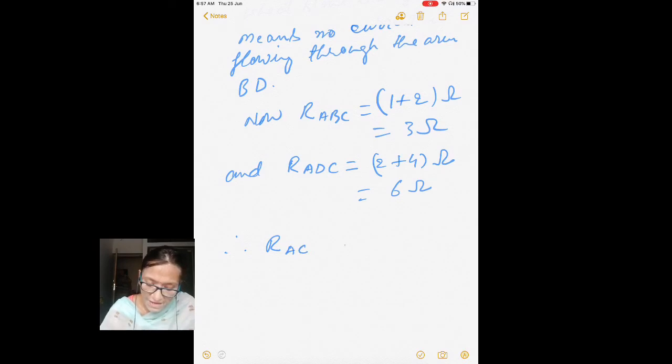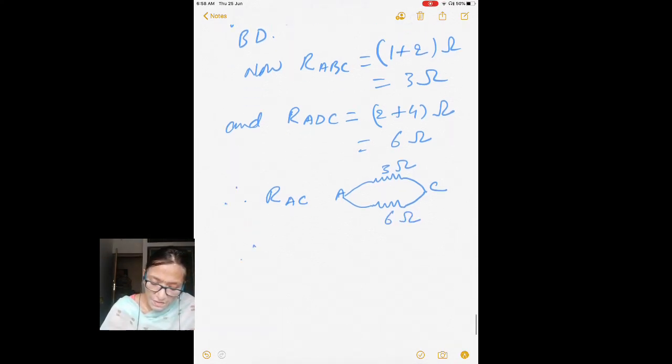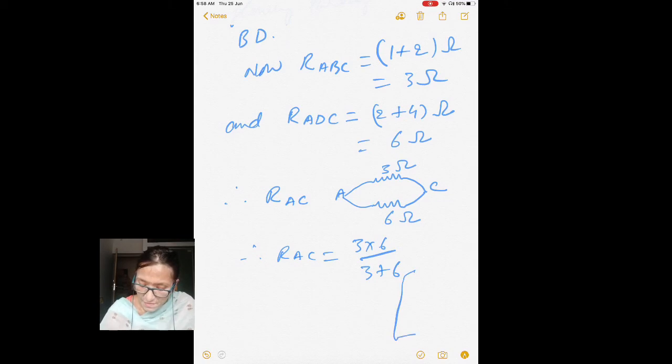Let me simplify the circuit diagram. Here you have A, here you have C, and this is 3 ohm after simplification, and this has become 6 ohm. So therefore, RAC can be written as 3 into 6 upon 3 plus 6. 1 by R equivalent in parallel is equal to 1 by R1 plus 1 by R2.